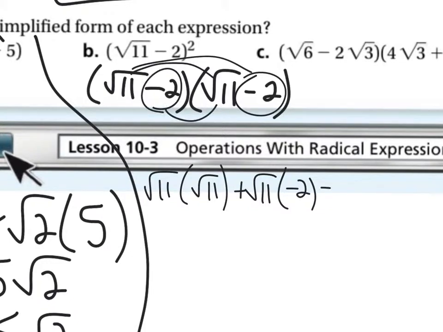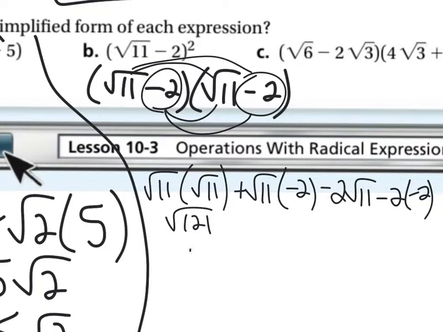And then minus 2 times square root of 11 and minus 2 times -2. Square root of 11 times square root of 11, it's square root of 121 if you want. It's just going to end up being 11 because it's like the square root of 11 squared.